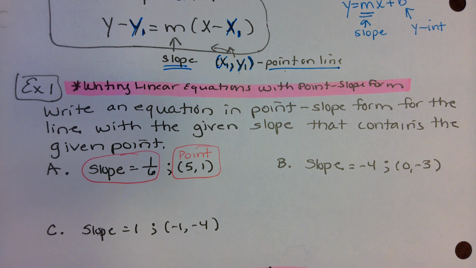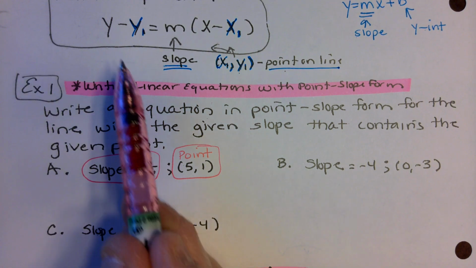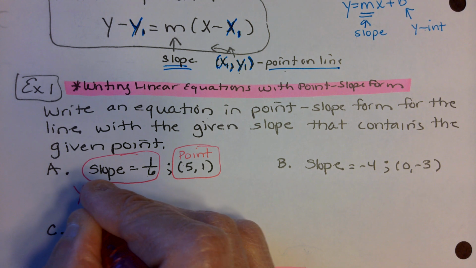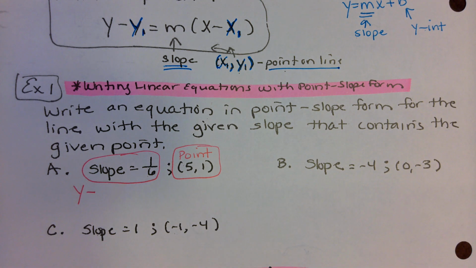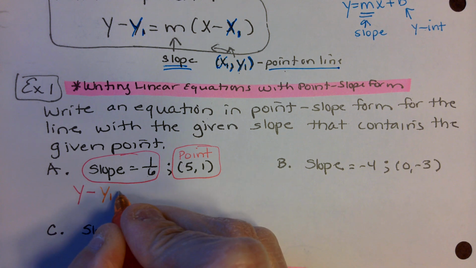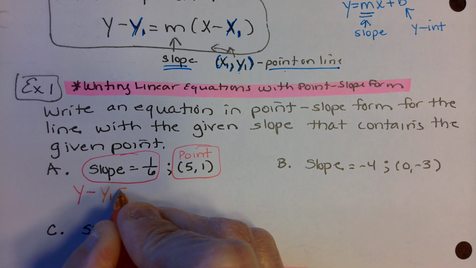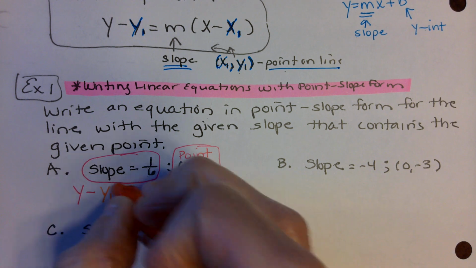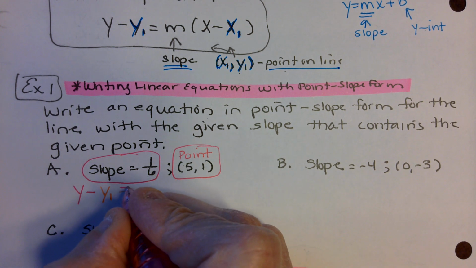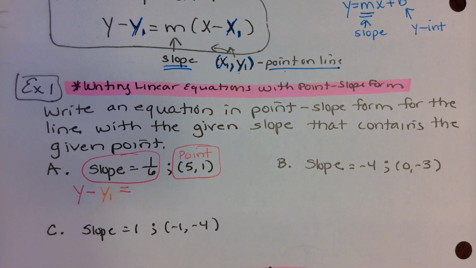So let's take our equation up here and I'm just going to rewrite it. I'm going to use an erasable colored pen for the parts that we're taking out. Not taking out the equal sign, are we? Let's see.